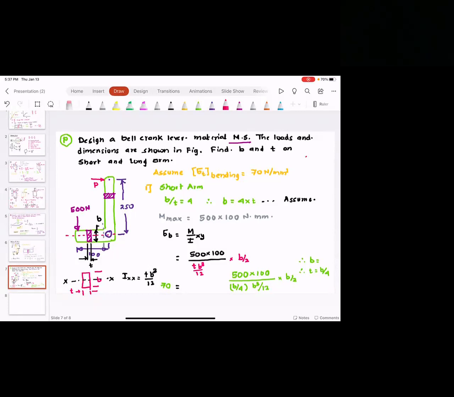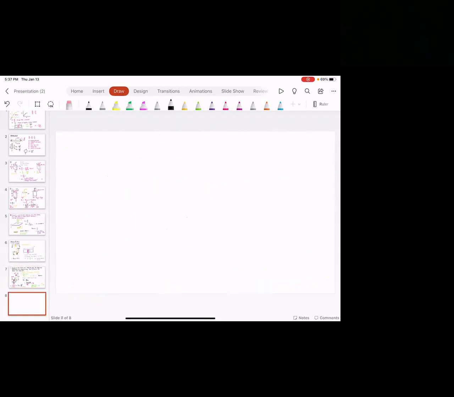Which means I do not need to find out explicitly what is the value of P. So on the long arm, for the design, I can assume the same proportion, which is B by T is equal to 4, or I can assume B by T is equal to 3. And I can find out the moment.